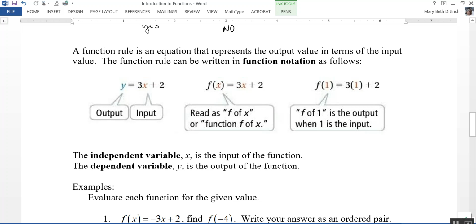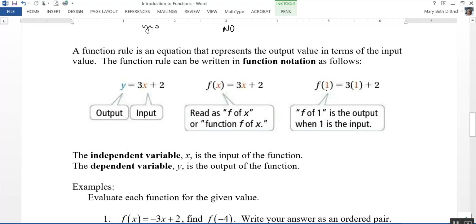Now, if I want to say that x is equal to 1, I would put 1 in here, and so I can say f of 1 is equal to 3 times 1, which is what I put in there for x, plus 2. So f of 1 is the output when 1 is the input. And then I would evaluate that and do 3 times 1, which is 3, plus 2 would give me 5. So I could say f of 1 is equal to 5.